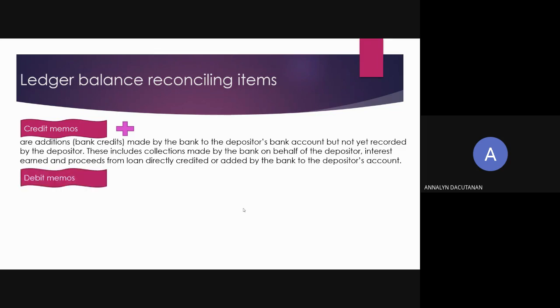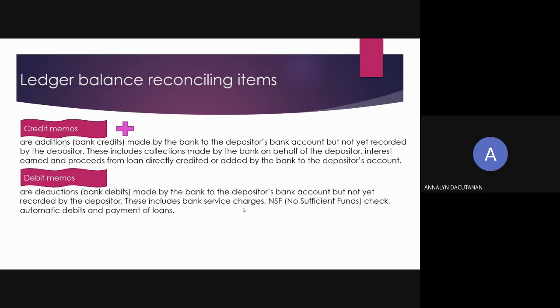Next, if we have credit memos, we also have debit memos. What are debit memos? These are deductions or bank debits. Ito yung mga transactions na naka-debit kay bank, pero hindi mo alam na nabawas pala sa mga accounts mo. Again guys, credit memos and debit memos are different from bank errors.